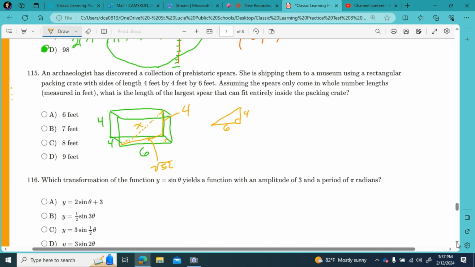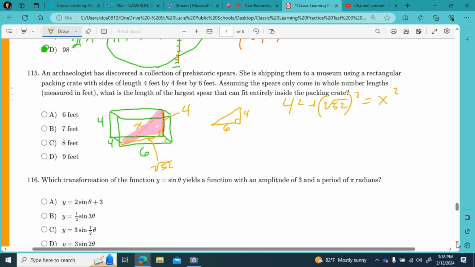And now I'm going to do the Pythagorean theorem a second time to find out the length of this hypotenuse on this other triangle. We had a triangle at the base, and now we got our triangle at the diagonal inside. So we got 4 squared plus the square root of 52 squared equals x squared.